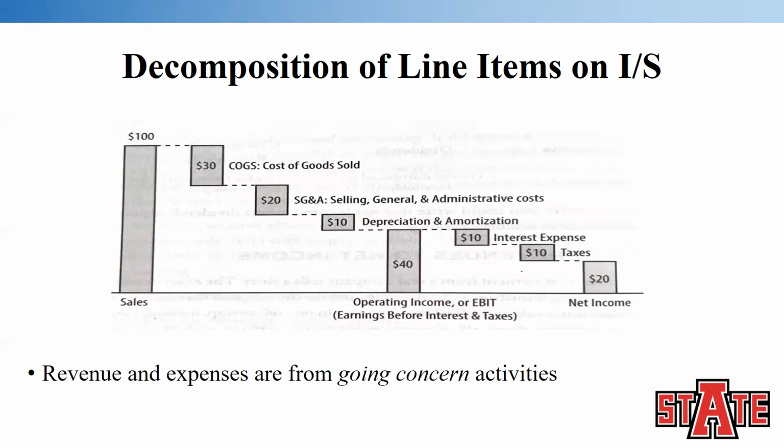Next up, after SG&A, we have depreciation and amortization. Depreciation and amortization reflects amortized costs for property, plant, and equipment that we purchased in previous years, and also the amortization of purchases of brands or patents, or acquisition of competing companies over time.